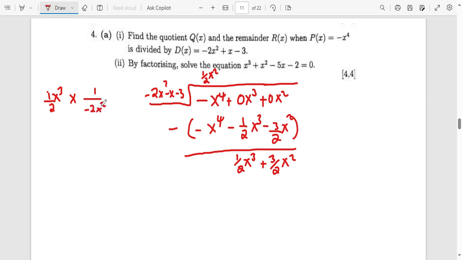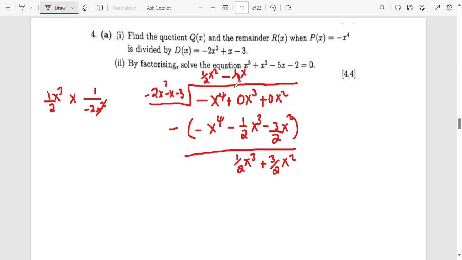So here the x squared can cancel with the x cubed, so I'm just going to remain with 1x. And then if you multiply the numbers, the answer will be negative 1 over 4x. Negative 1 over 4x multiplied by negative 2x squared.